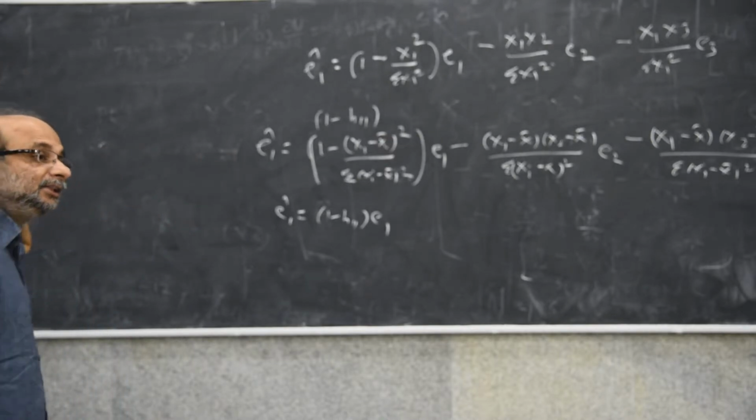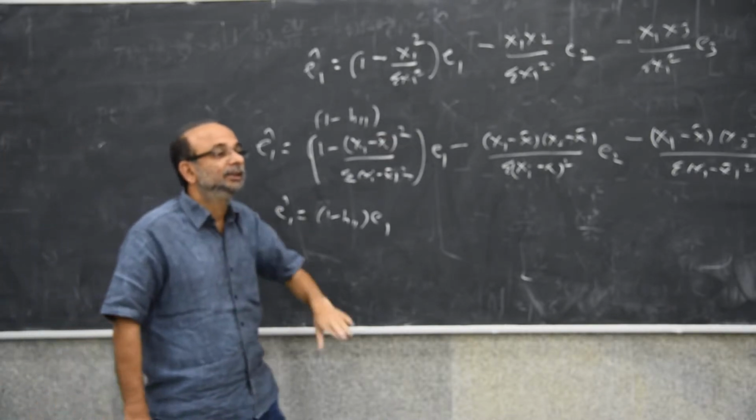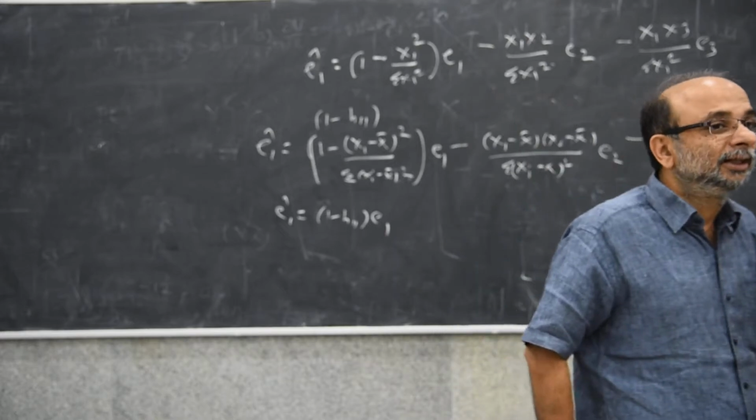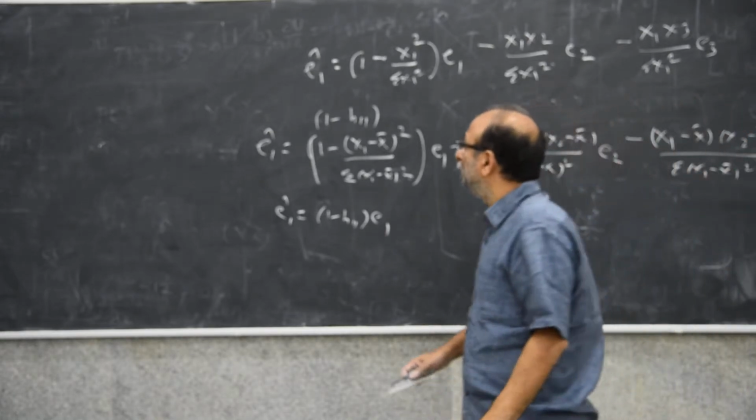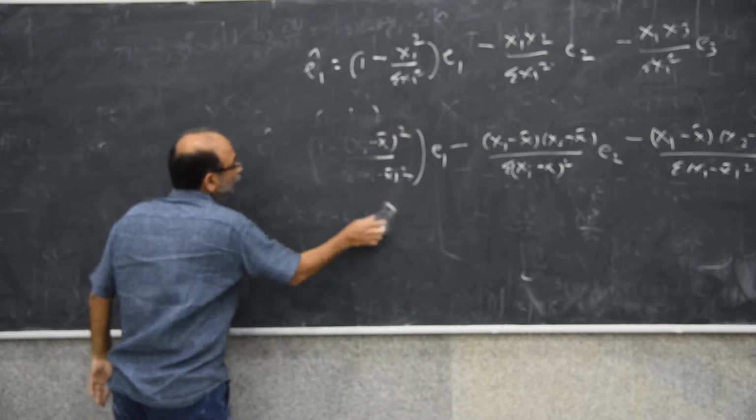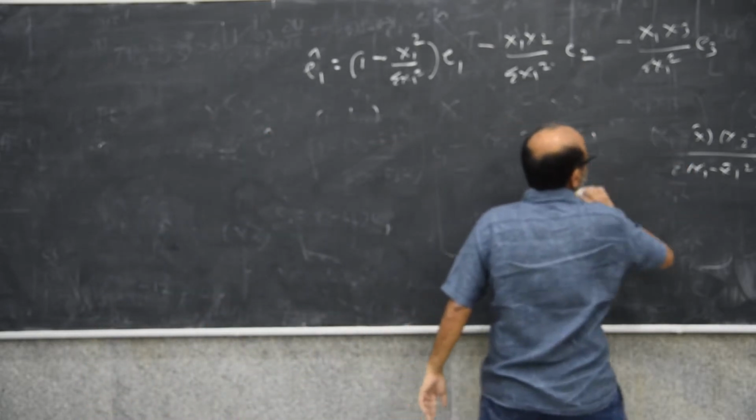Now this motivates our discussion of White's heteroscedasticity consistent errors a little bit more carefully. A simple approach: what is the problem?